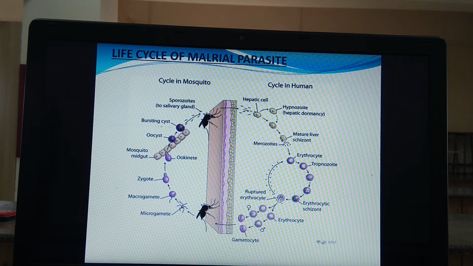One is the mosquito and the other one is the human being. So remember that the female Anopheles mosquito is the vector which transfers the pathogen, that is Plasmodium vivax, from the mosquito to the human being. Okay, now we are going to study its cycle, how it gets transmitted from the mosquito to the human being.